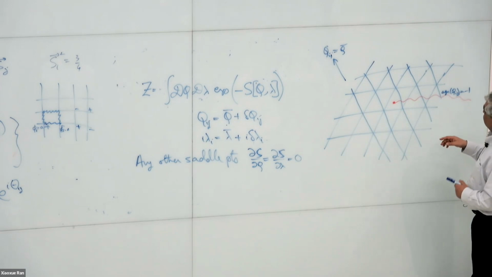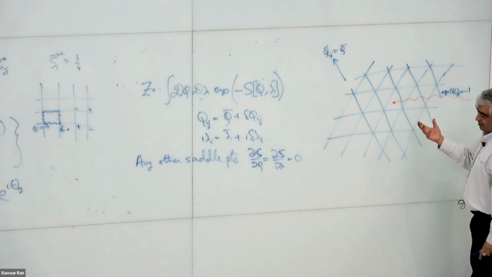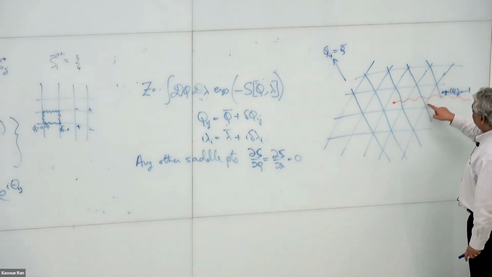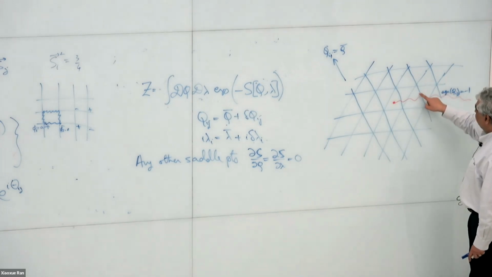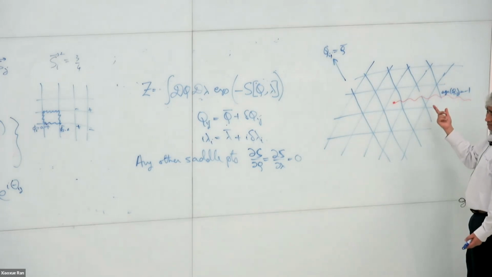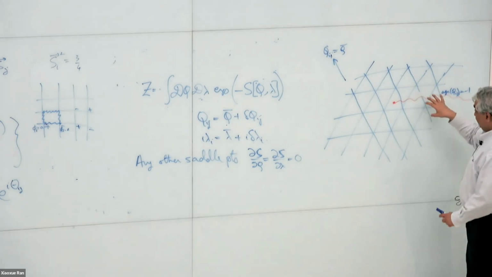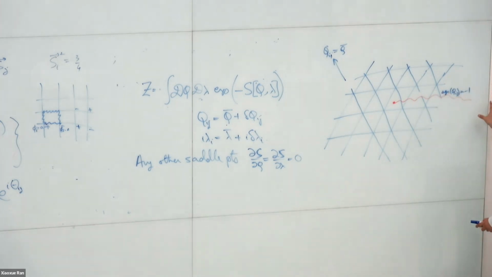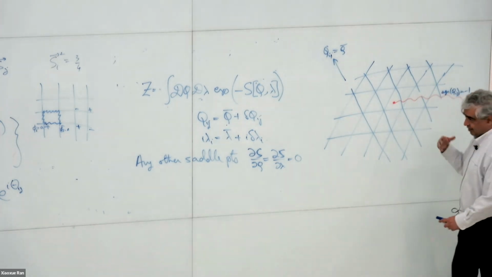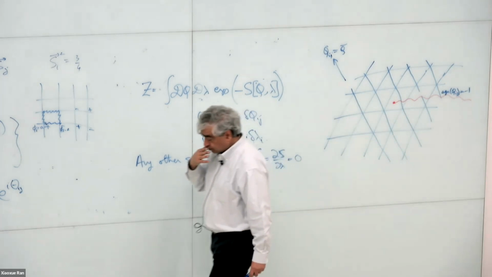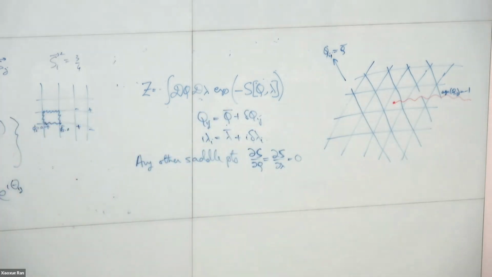Now, if I look at what's called the flux, if I take the product around any plaquette, I have to cross this line twice. If I take any closed loop, I have to cross this line an even number of times when I'm far away. And since the energy only depends on the flux, this branch cut is invisible.